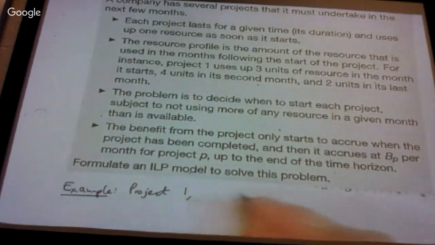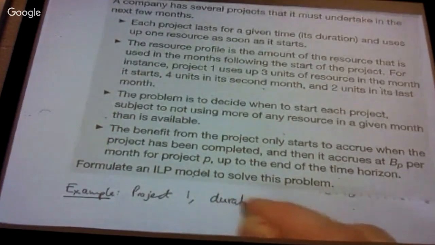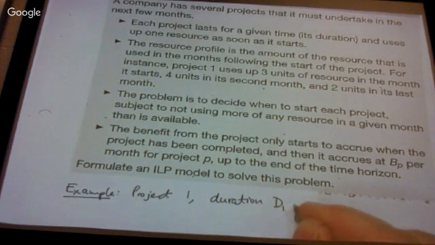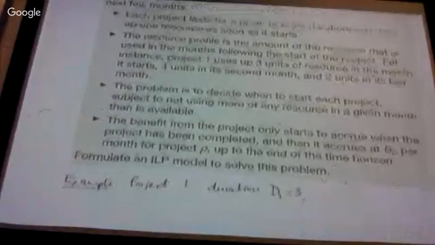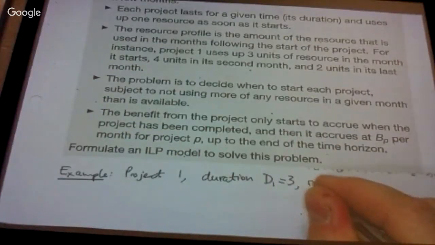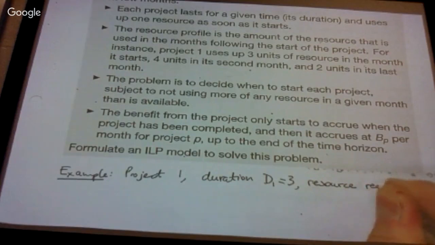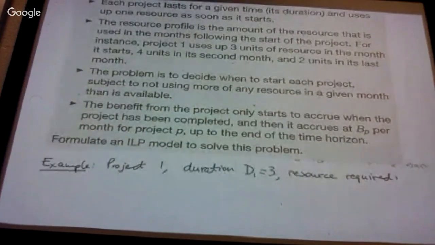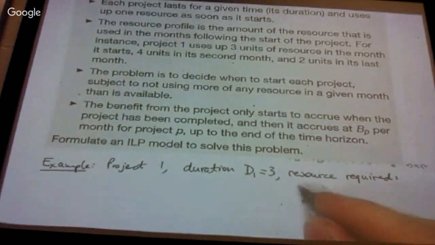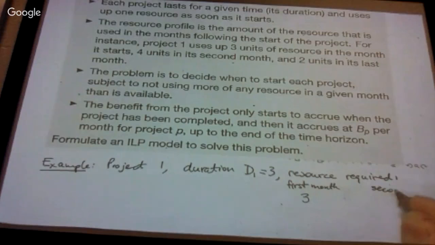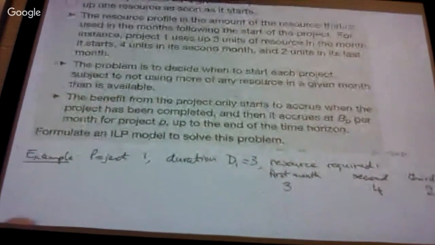Project 1, its duration, I'll call it D1, is 3 months. And the resource that it requires is 3 units in the first month, four units in its second month, and 2 units in the third month.